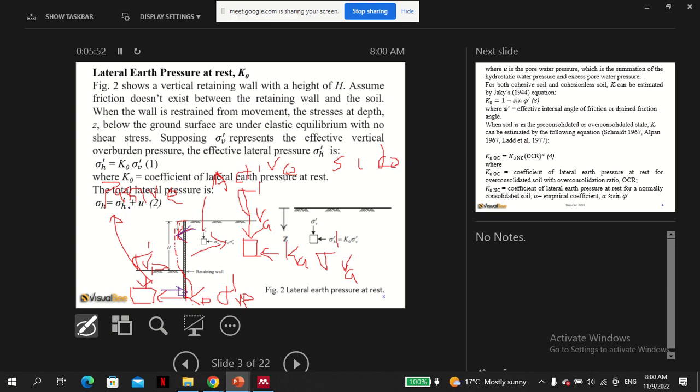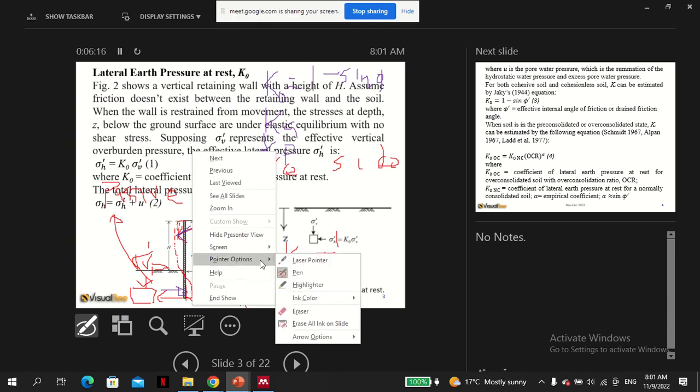So this is the passive and active side. Then this K naught is no longer equal to 1 minus sine phi, like we've talked about. So this K naught becomes either Ka on the active side or Kp on the passive side.